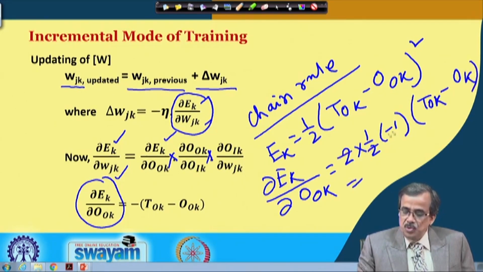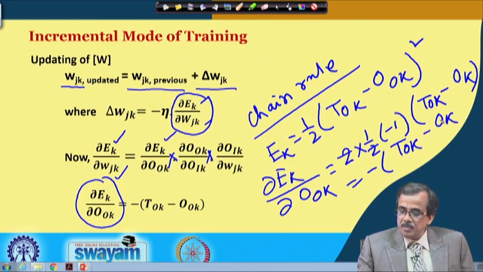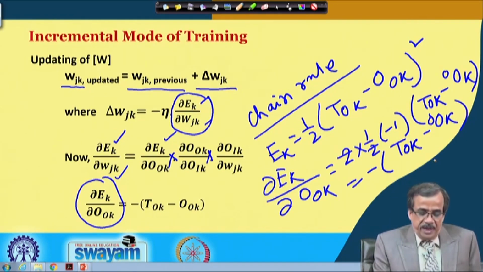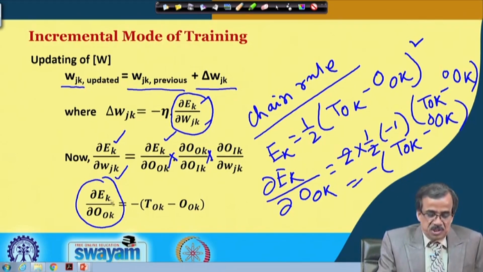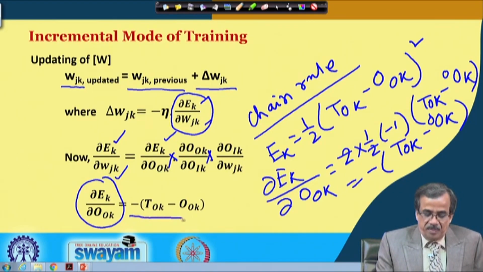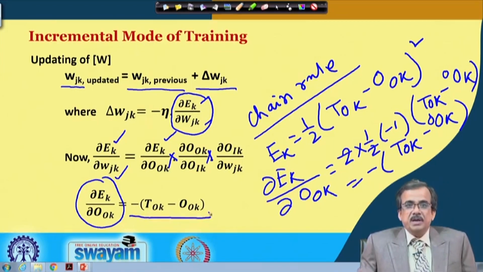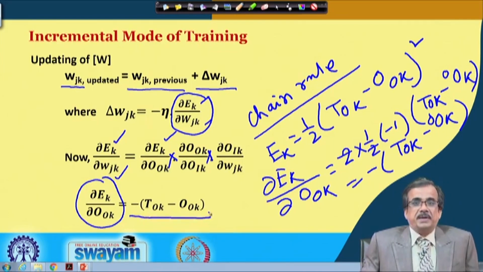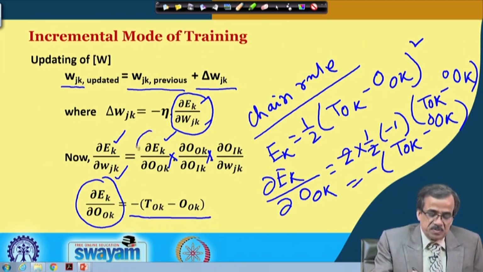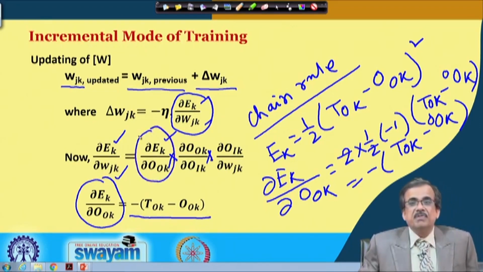So, this 2 gets cancelled. So, this is the way we can find out. This partial derivative is nothing but minus (TOk minus OOk). So, this is the way this first partial derivative we can find out.